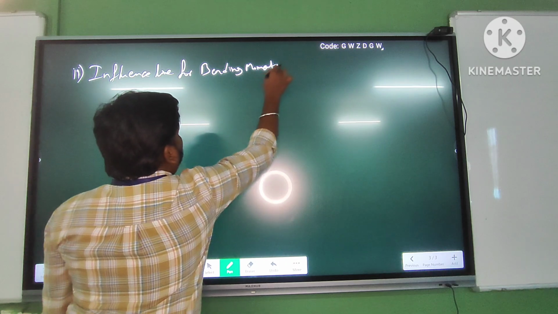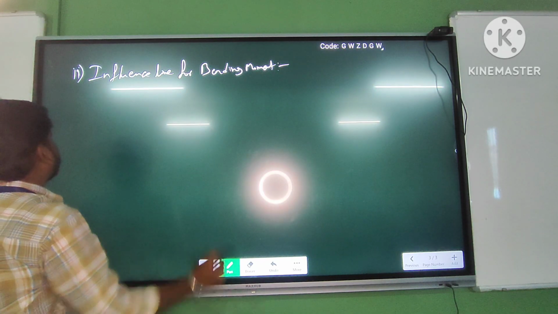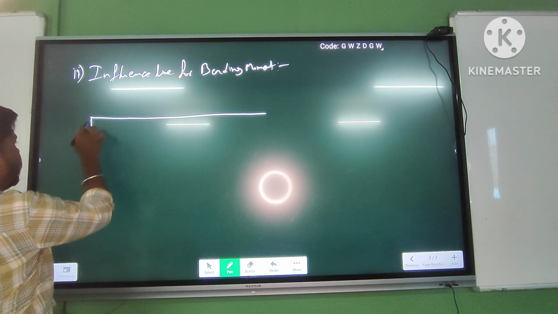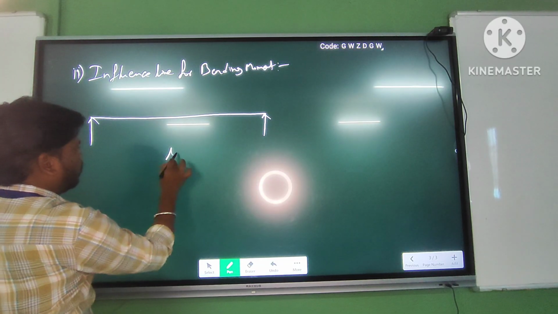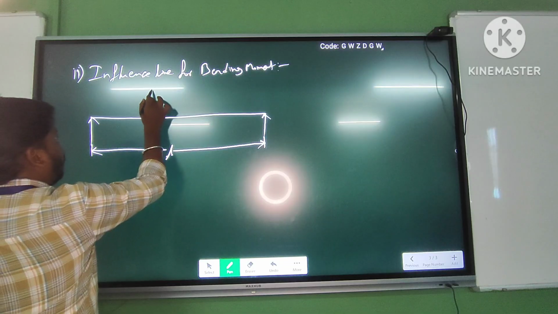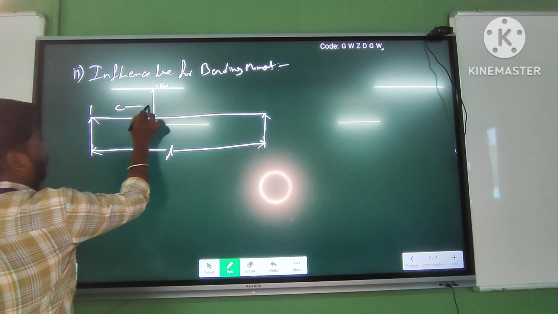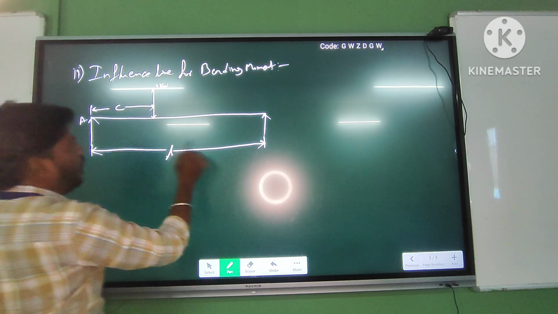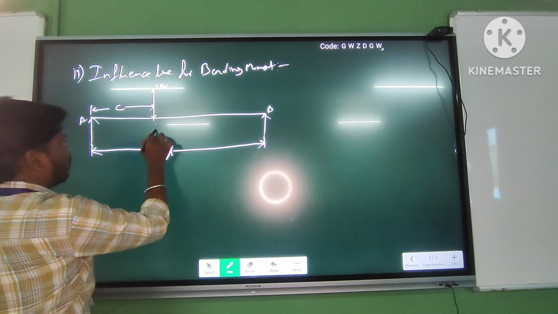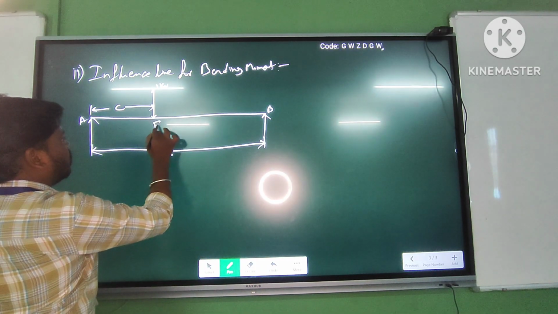Now the same condition we can assume: a simply supported beam having length L, subjected to a unit load at a distance of C from the left end, that is from point A. This is B, and let this point be E.